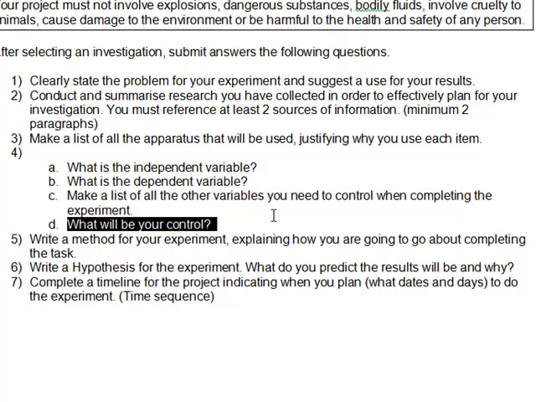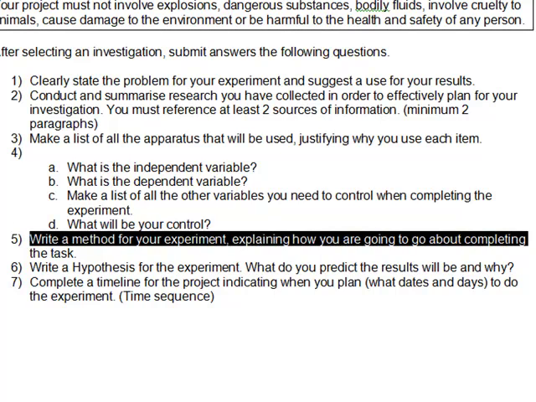So if I was comparing some different brands of tennis ball, what I might do is choose probably the least expensive tennis ball and then allow that to bounce, and that would be my control, and I would compare my results against that baseline or that control. Okay, all of the experiments that we've got here need to include a control. So it's really, really important that you include that there.